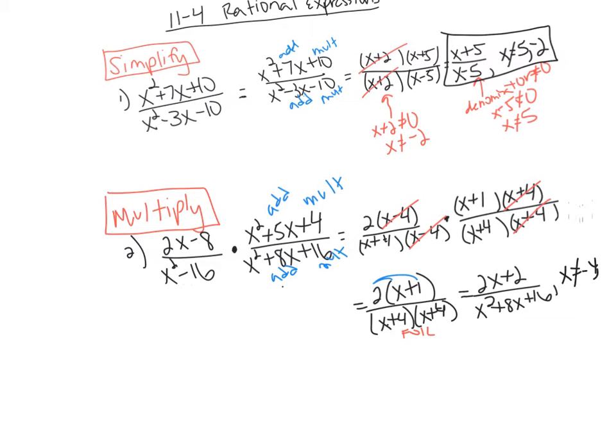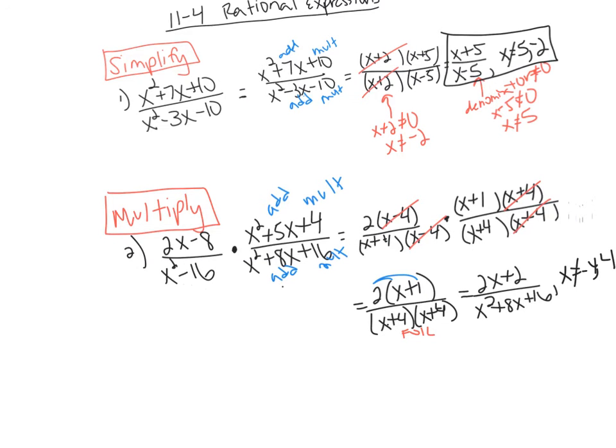Even though we canceled it, this x plus 4 cannot equal 0, so negative 4 is already taken care of. What about this one? x minus 4 cannot equal 0, therefore x cannot equal positive 4.